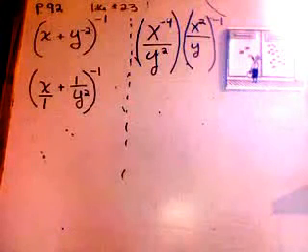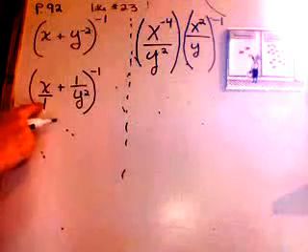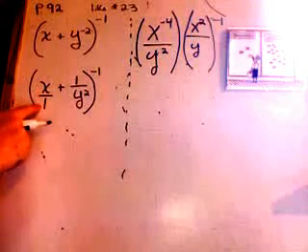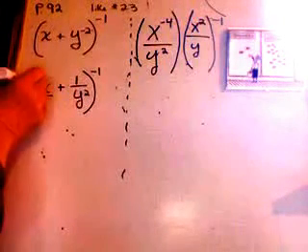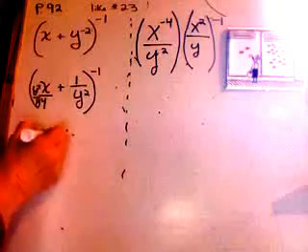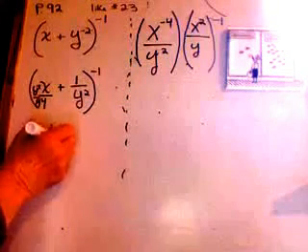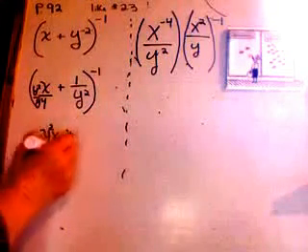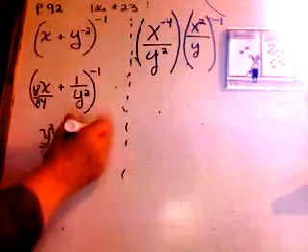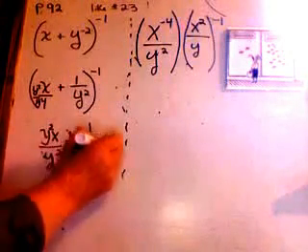Hopefully you're thinking y squared. So I need to multiply this part by y squared over y squared. And when I do that, I get y squared x over y squared plus 1 over y squared.